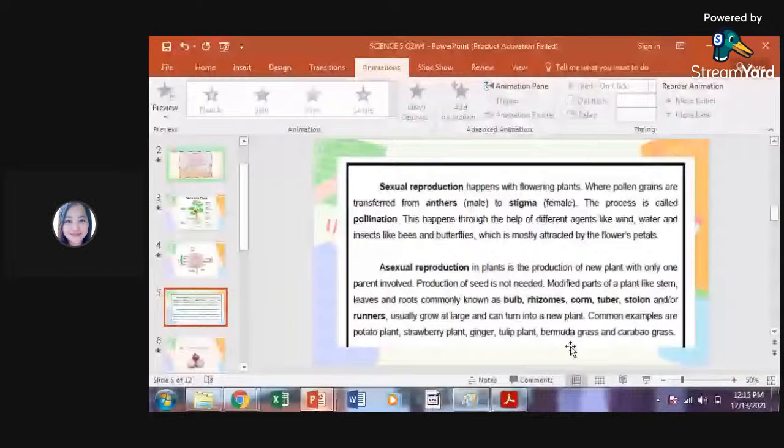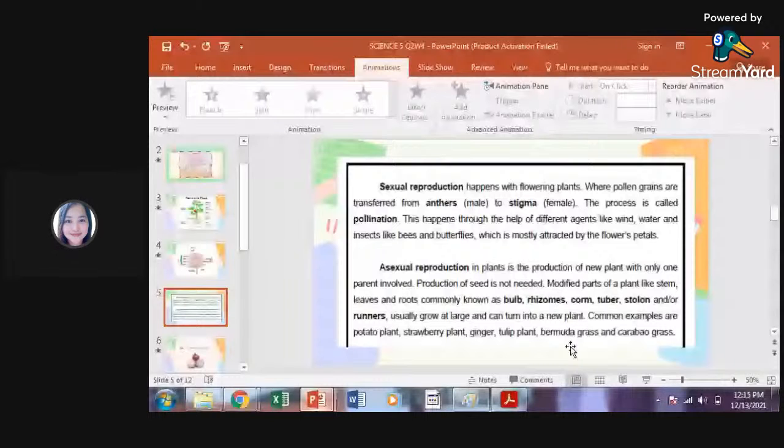So let's go to the next slide. I prepared a short description or definition of the bulb. What is a bulb? It is a rounded stem with fleshy leaves.